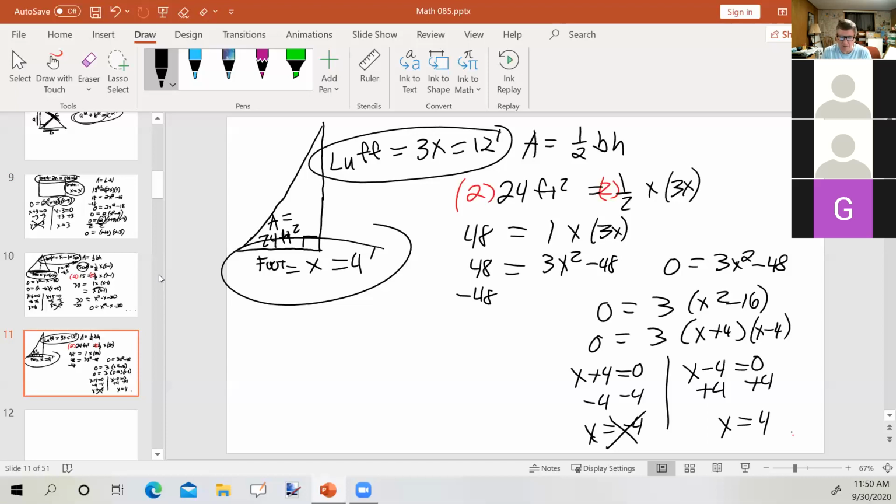In the context of a length or a width or an area, we can't have a negative answer. But if all we're doing is taking an equation and solving it, and it's not being applied to some other situation, negative answers can happen. So just be careful with that, all right?